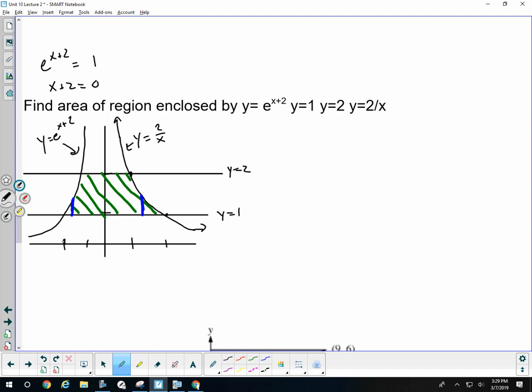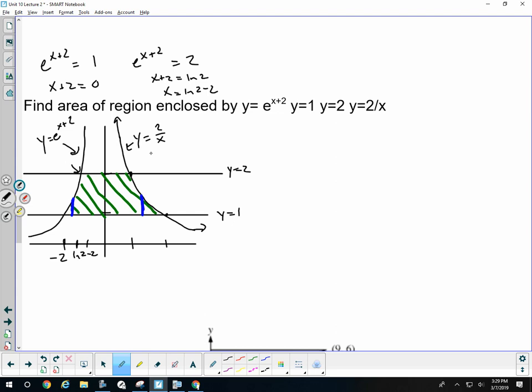So this actually ends up being -2. So that's good. This intersection right here is when e to the x plus 2 intersects with 2. Take the log of both sides. I get the natural log of 2. And that's log 2 minus 2. Okay, so this x coordinate right here, log 2 minus 2.